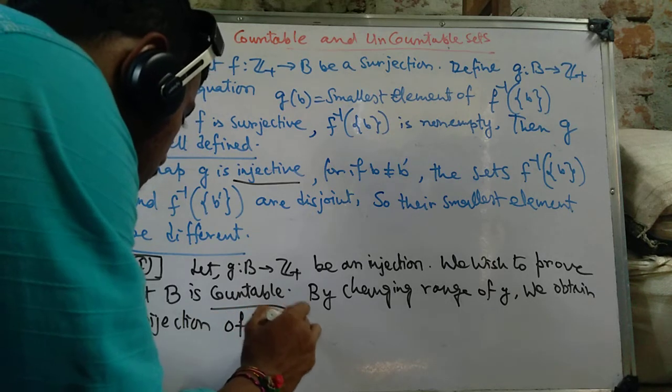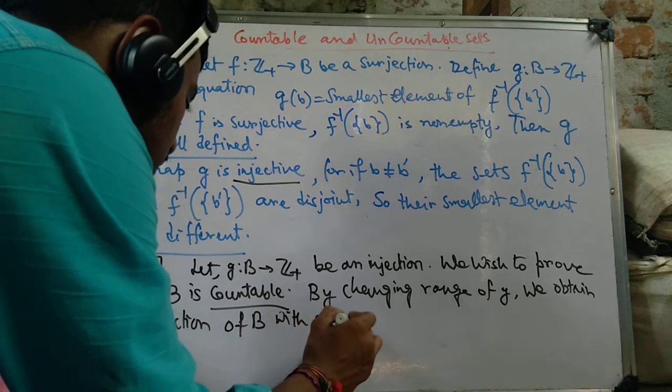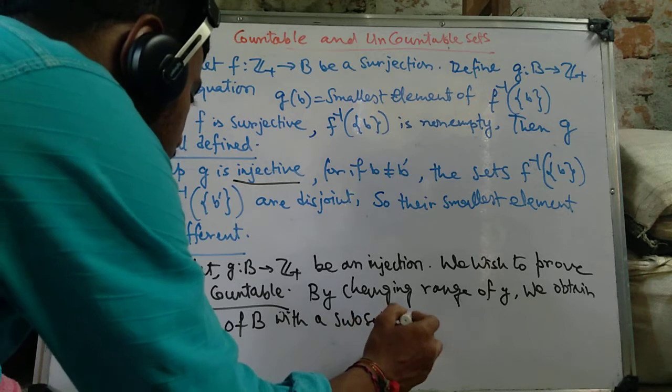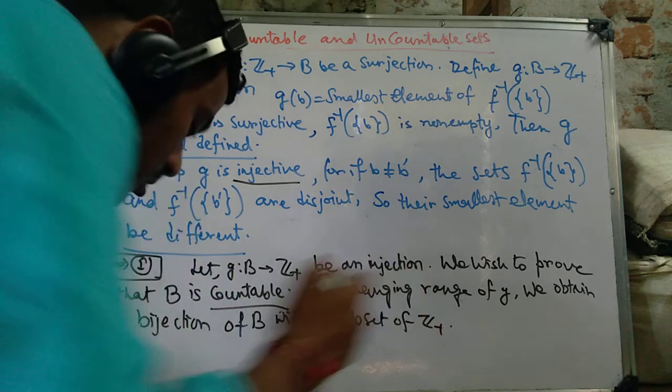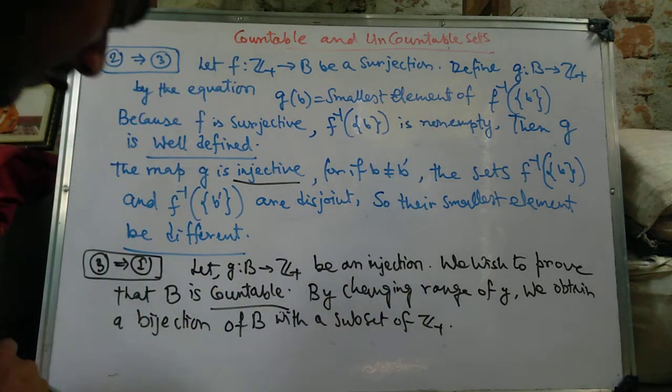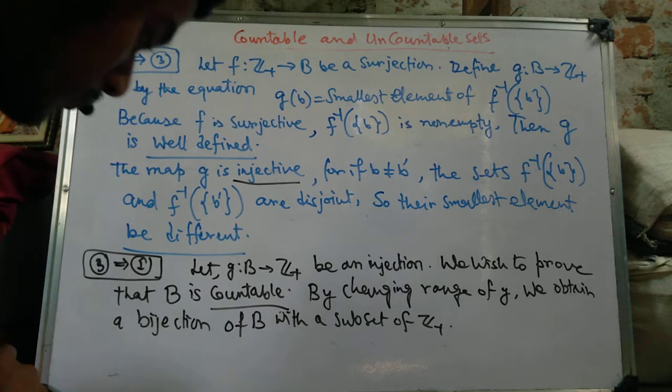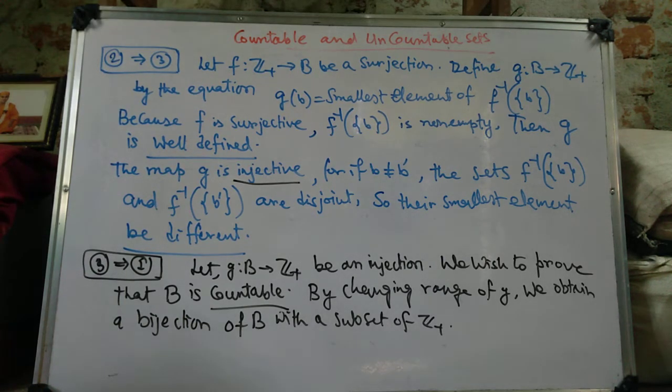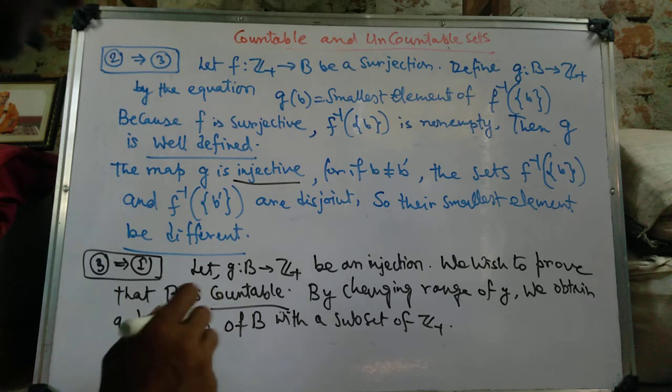Thus it suffices to show that every subset of Z⁺ is countable. If every subset of Z⁺ is countable, then B is countable because there is a bijection.